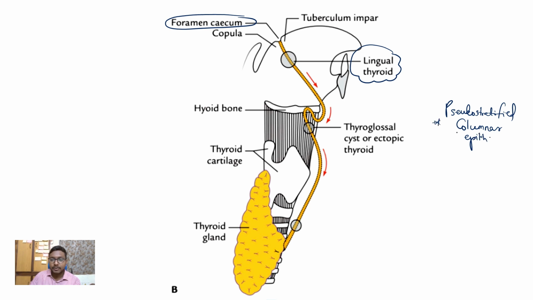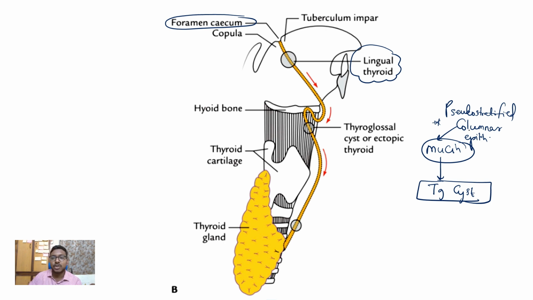So what does this epithelium do? It will start secreting mucin slowly, and it takes around 10 to 12 years to form the cystic swelling, that is nothing but your thyroglossal cyst. That is why even though thyroglossal cyst is a congenital condition, clinical manifestation happens at the end of the first decade or in the second decade.